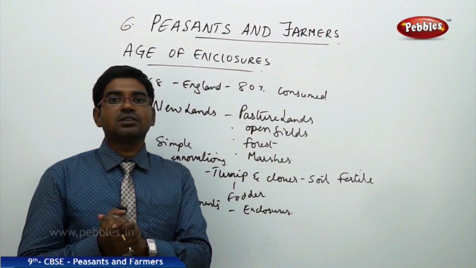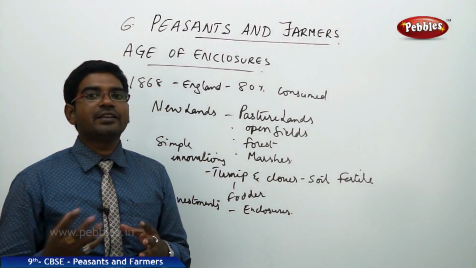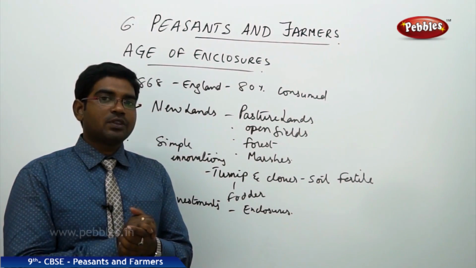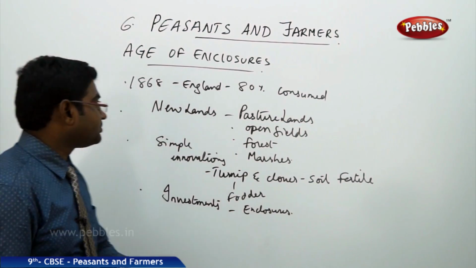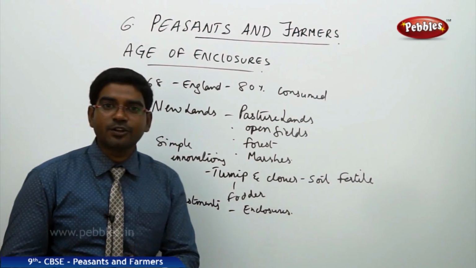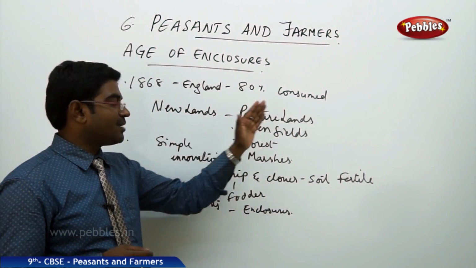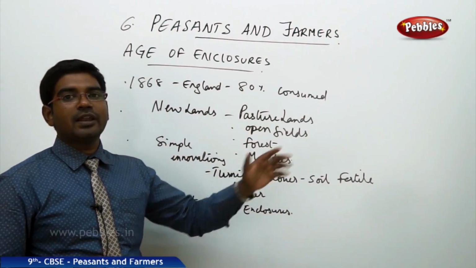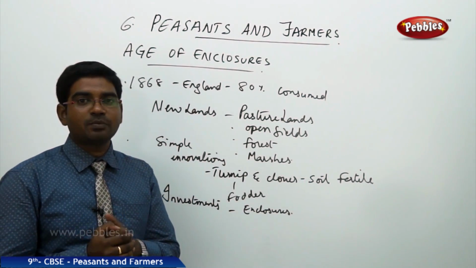How did it increase? They did not do any magic or wonder, or create any new agricultural techniques to do this. So what made it possible for them? That is, new lands were converted into agricultural lands, like the pasture lands. The pasture lands, which earlier were common land, were now converted into private lands.